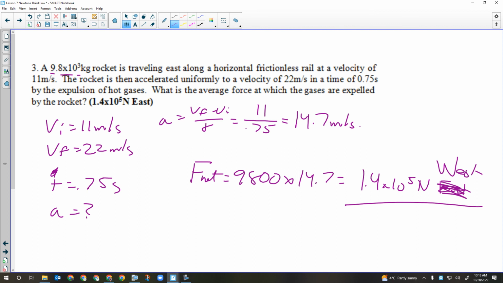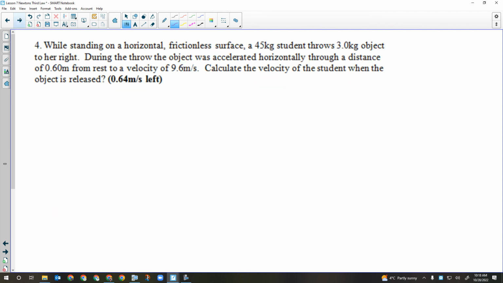All right. So next week, guys, we're going to start the work energy theorem on Monday, and we'll probably be looking at the law of conservation of energy by Thursday. We have one more lab that's on conservation and conversion of energy.